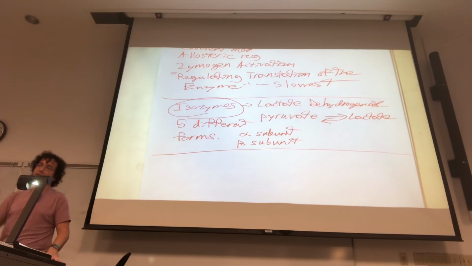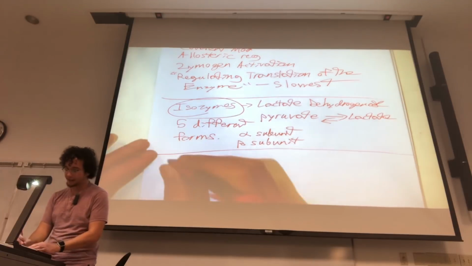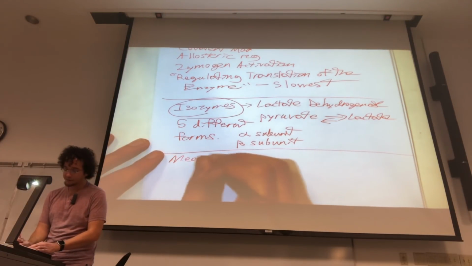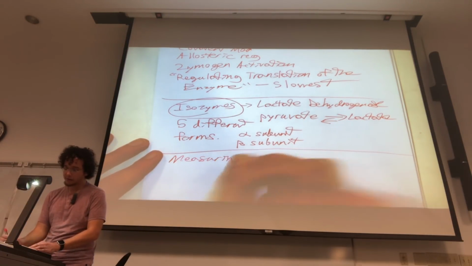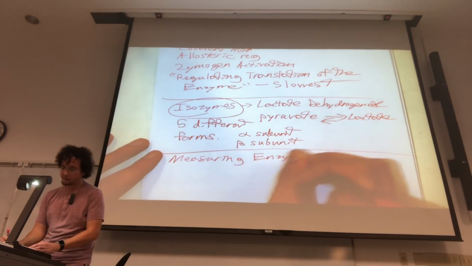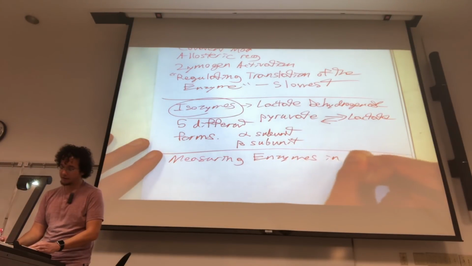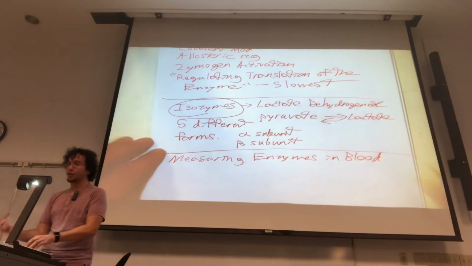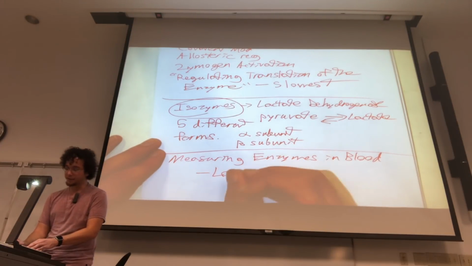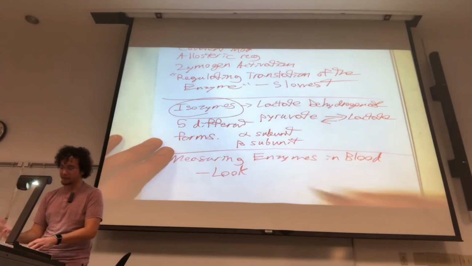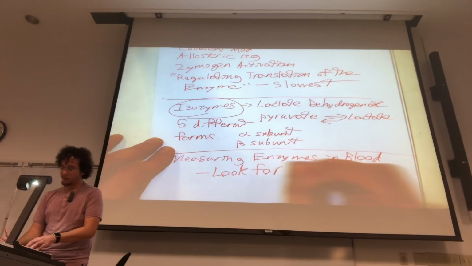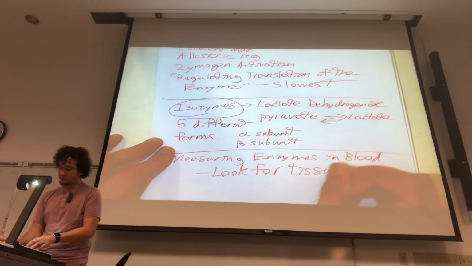The most important thing that you need to know for that, and that part is what I said at SI, and I knew it was going to happen, is the simple fact that by measuring enzymes in blood, you are going to look for tissue damage, tissue and cell damage. So here's what that means.